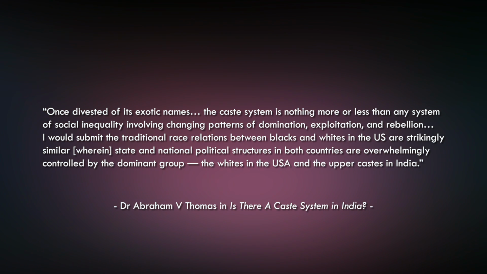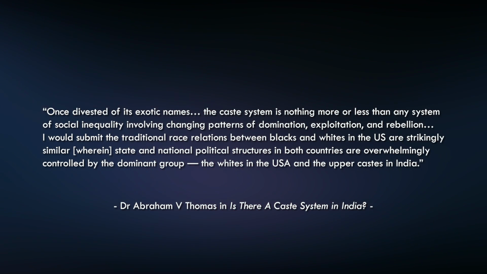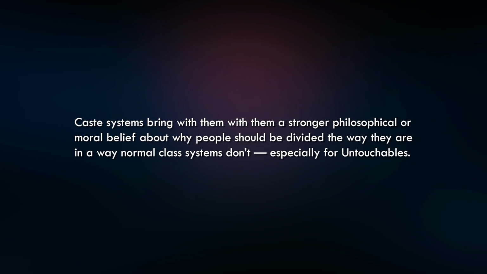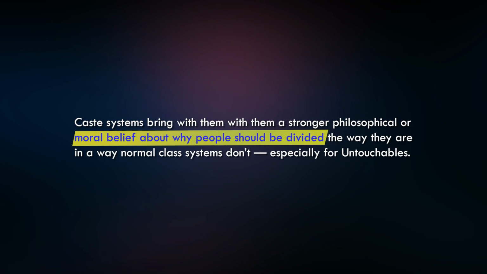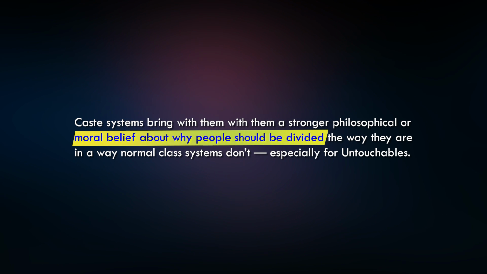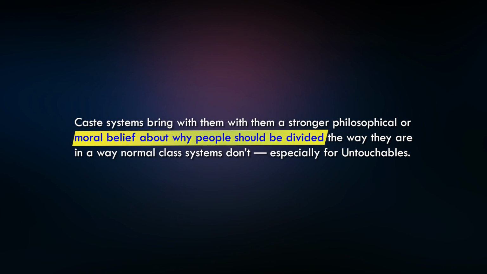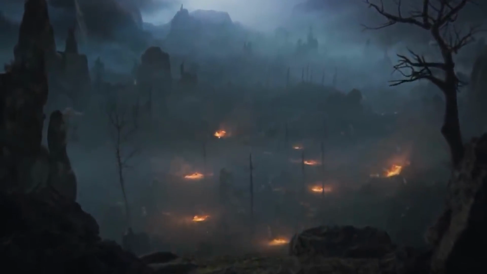Importantly though, and this is something that stories that want to use a caste system sometimes miss, caste systems bring with them a stronger philosophical or moral belief about why people should be divided the way they are, in a way that normal class systems don't usually. This is especially the case for any untouchable class. These are often based on historical events and relations between groups in society.